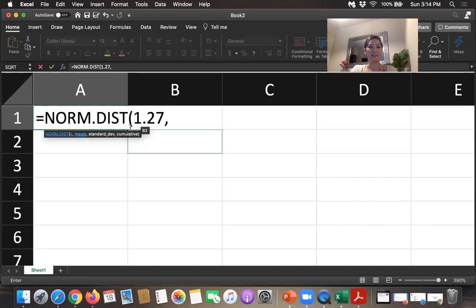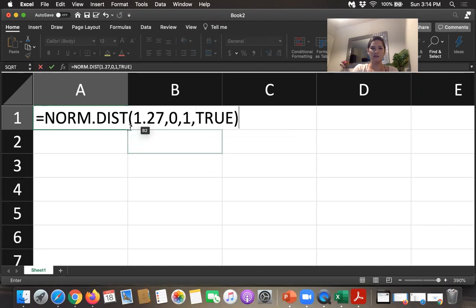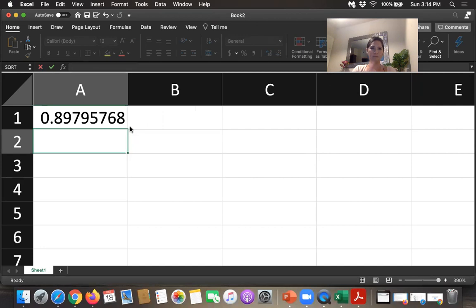Since we're talking about a standard normal distribution, the mean is 0, the standard deviation is 1, and we want to say true, yes. We want it to be cumulative, meaning we want the area to the left. And look, we get the same answer, approximately 0.8980 if we round.